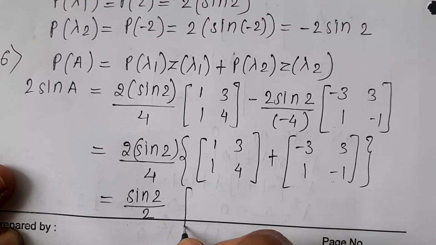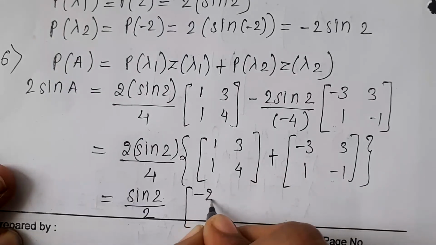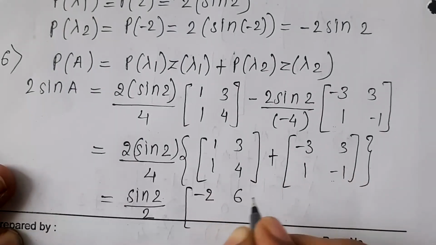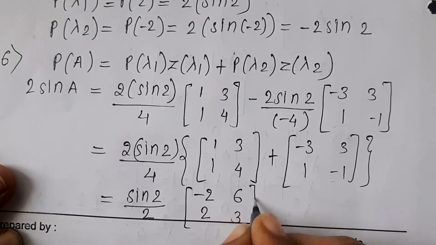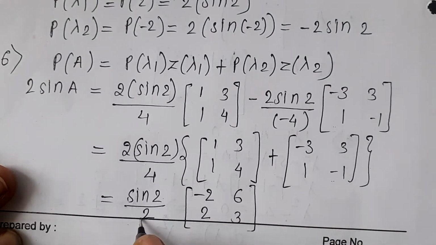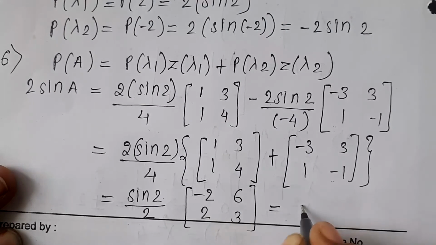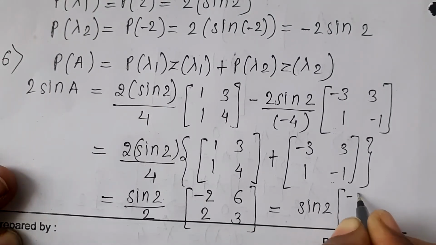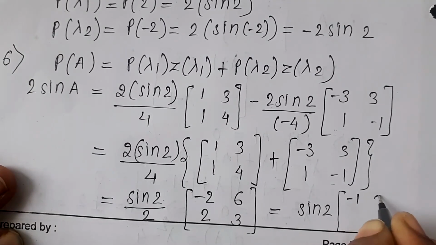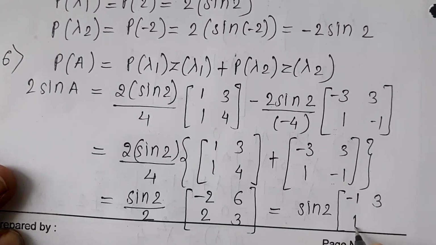And in the matrix, 1 minus 3 is minus 2, 3 plus 3 is 6, 1 plus 1 is 2, and 3 minus 1 is 2. So you can divide it by 2 also. So this becomes sin 2 multiplied by the matrix with minus 2 by 2, which is minus 1, and 6 by 2 is 3.